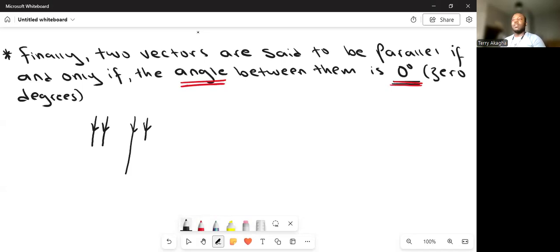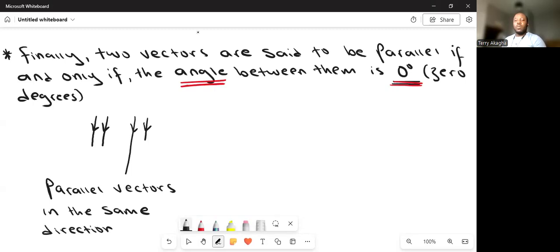So these are parallel vectors in the same direction. You can also have parallel vectors in opposite directions. Even though they are scalar multiples, maybe this one is twice or 4 times that.